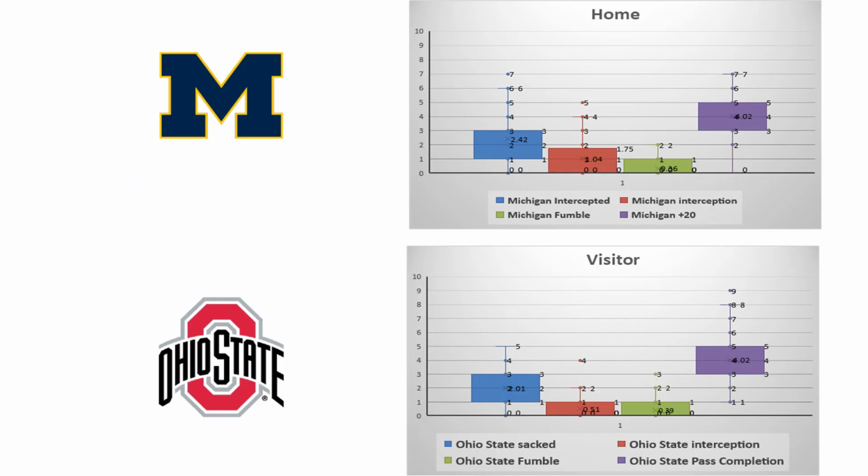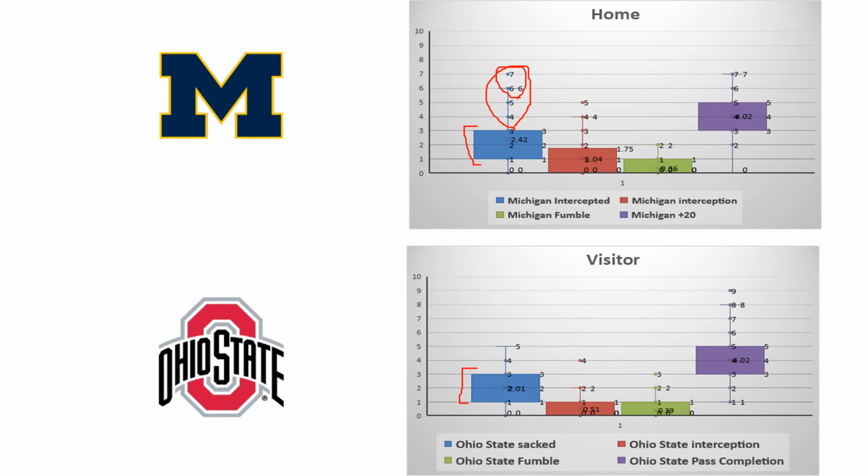Let's take a look at some performance tables over here. A couple things I would point out: it's looking as though Michigan is going to give up more sacks, but nonetheless, still about the same as what we see over here with Ohio State, somewhere between 1 and 3 sacks, just a little bit more on that upper end from Michigan.